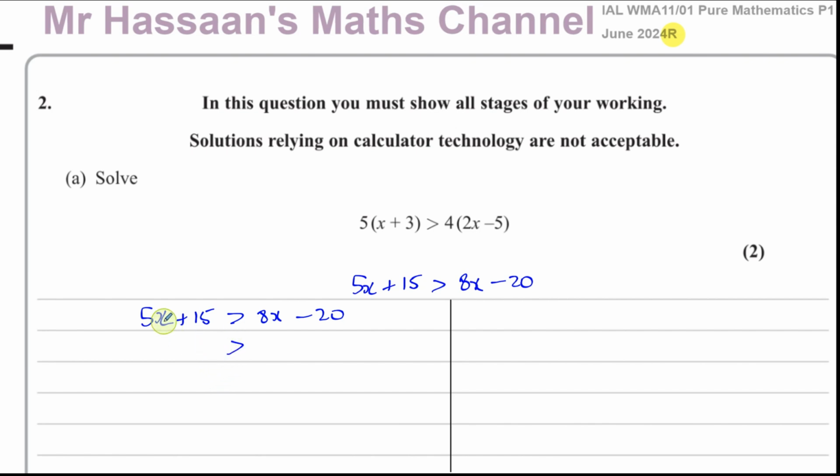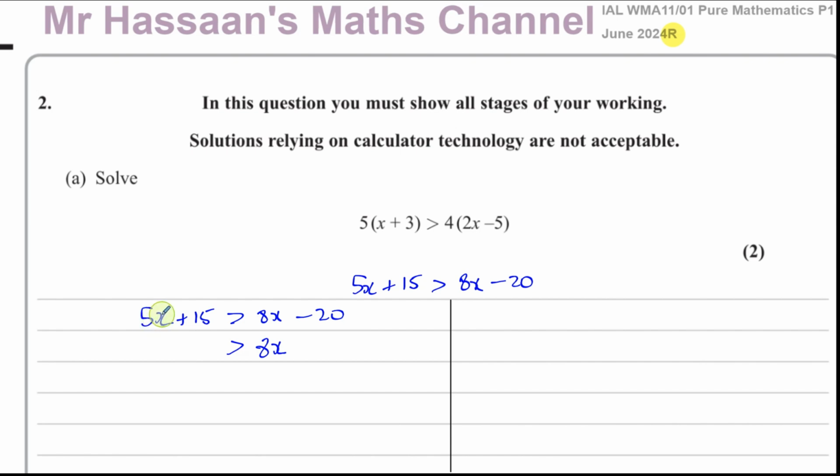On one side I have 5x, on the other 8x, so the 8x side is for the x's and the other side is for the numbers. The 5x is on the wrong side, so I have to get rid of it.